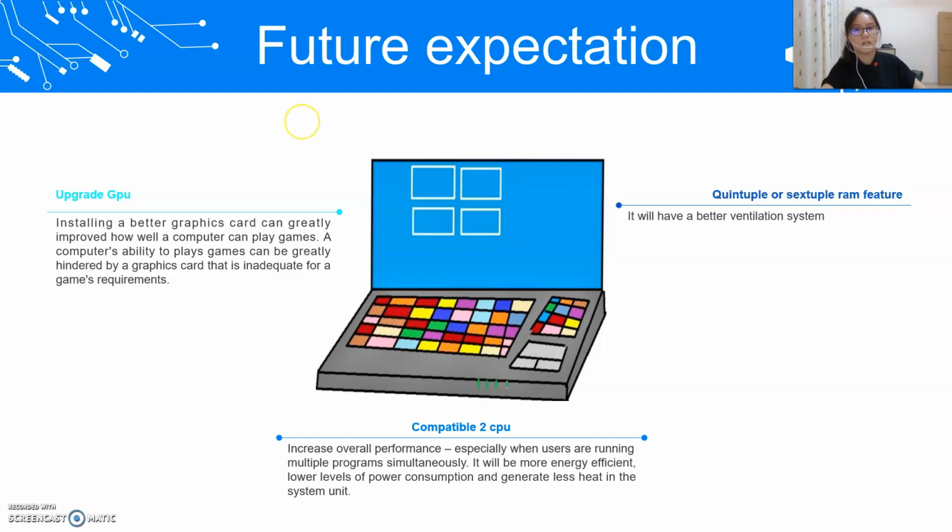And the last one that I want to present is future expectation. The first future expectation is we want to upgrade the GPU. This is because installing a better graphics card can greatly improve how well a computer can play games. A computer's ability to play games can be greatly hindered by a graphics card that is inadequate for a game's requirements.